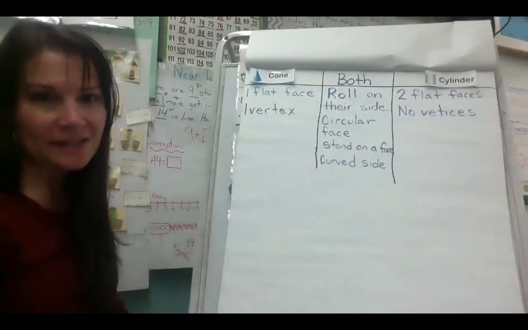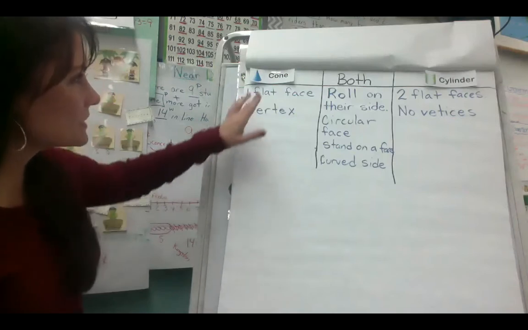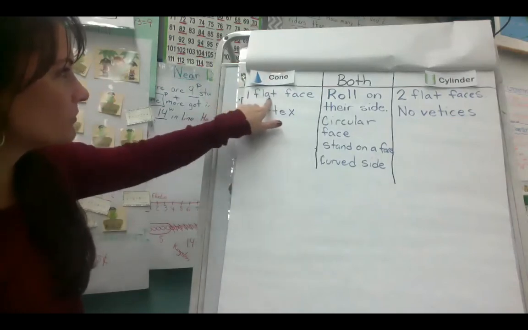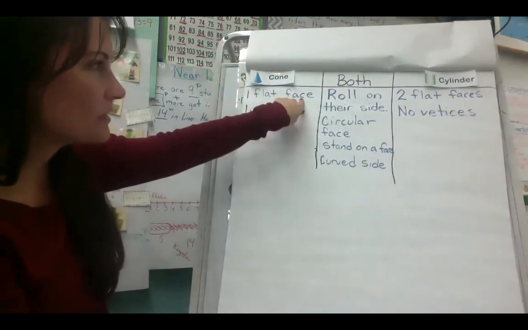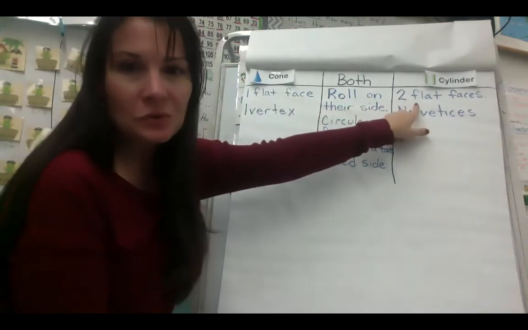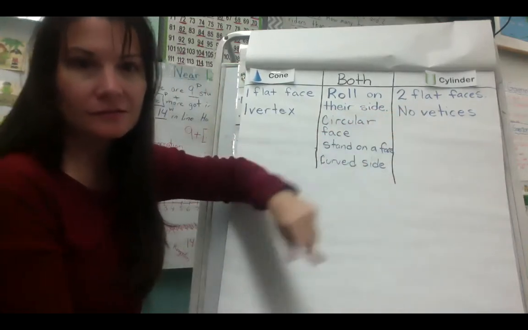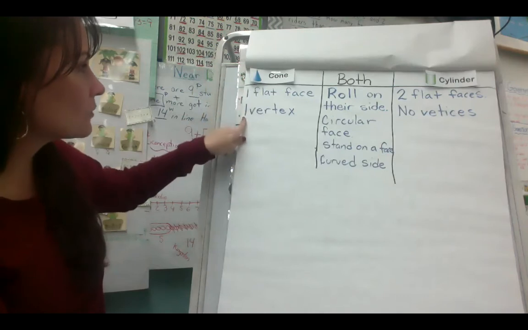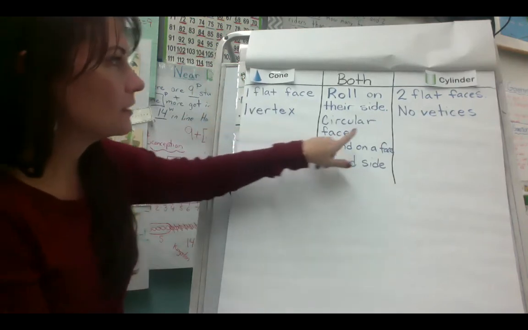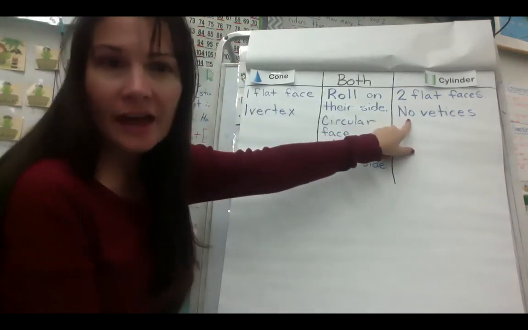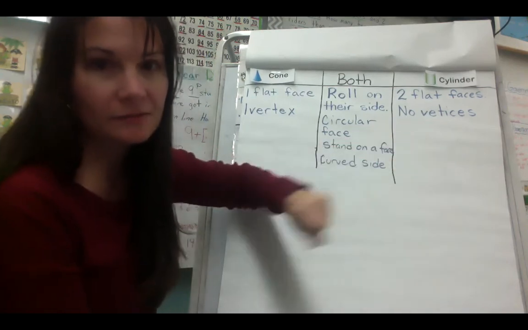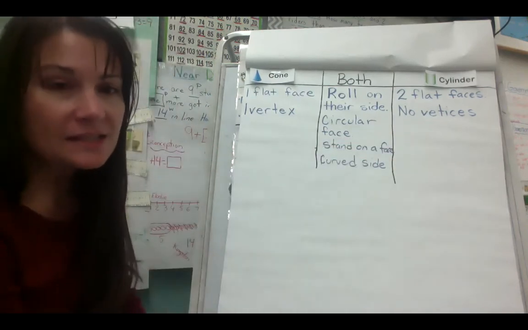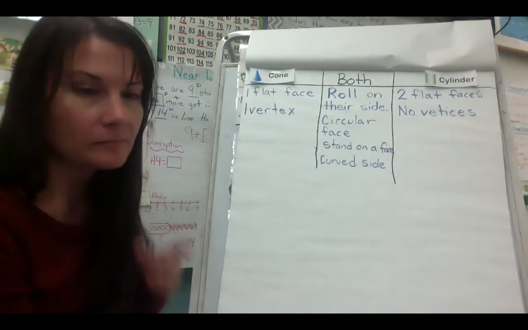Let's see how we did. We noticed that the cone had 1 flat face, but the cylinder had 2 flat faces. The cone had 1 vertex, and the cylinder had no vertices. But I did see a lot of things that they had in common.